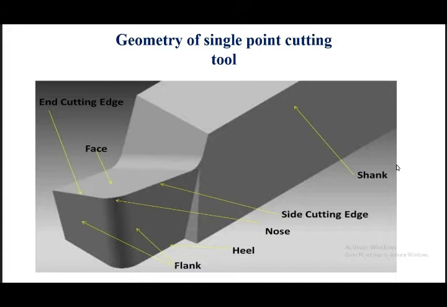There may be factors that contribute to cutting tool efficiency. Among the geometry of the single point cutting tool, some features are there: the shape of the cutting edge that removes the excess metal, the correct selection of the type of cutting tool for the material to be machined, the correct choice of cutting speed and feed, the proper setting of the cutting tool relative to the work, and the correct choice and proper application of coolants.